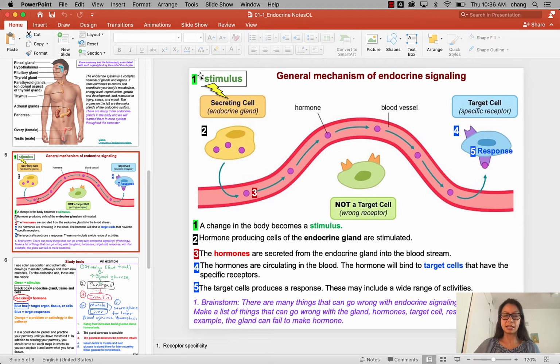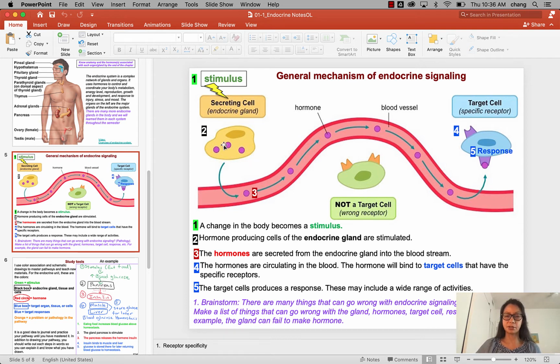Step 1, the stimulus, is anything that changes. It will send a signal, usually through the blood, but it could be other things like a neuronal signal, into the endocrine gland. The endocrine gland is made of secreting cells that will make and release hormone into the blood.